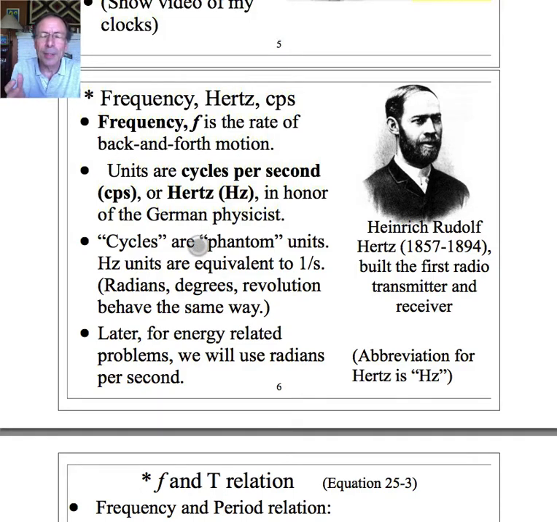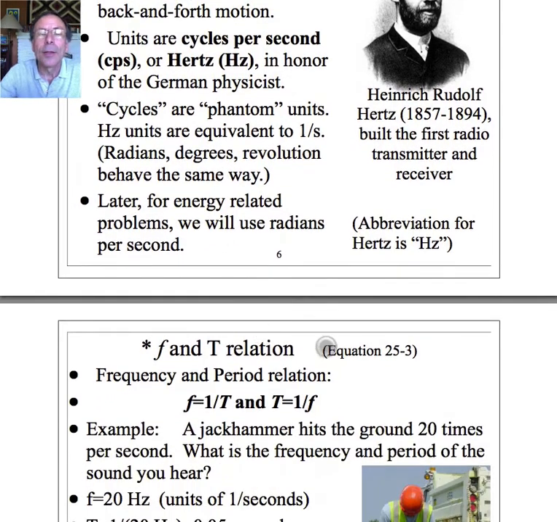That's what I call units that will disappear on you when you're doing homework problems. They're just like radians will disappear and revolutions will disappear. These are units which can come and go, so don't let that bother you. Now, the abbreviation for hertz, instead of writing it out, we abbreviate as Hz.